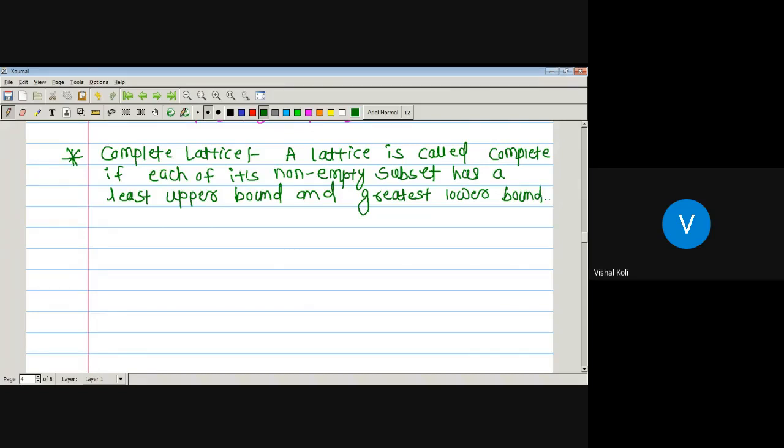Okay, so any lattice L is called a complete lattice if each of its non-empty subsets has a least upper bound and greatest lower bound. That is, it has a supremum and infimum.